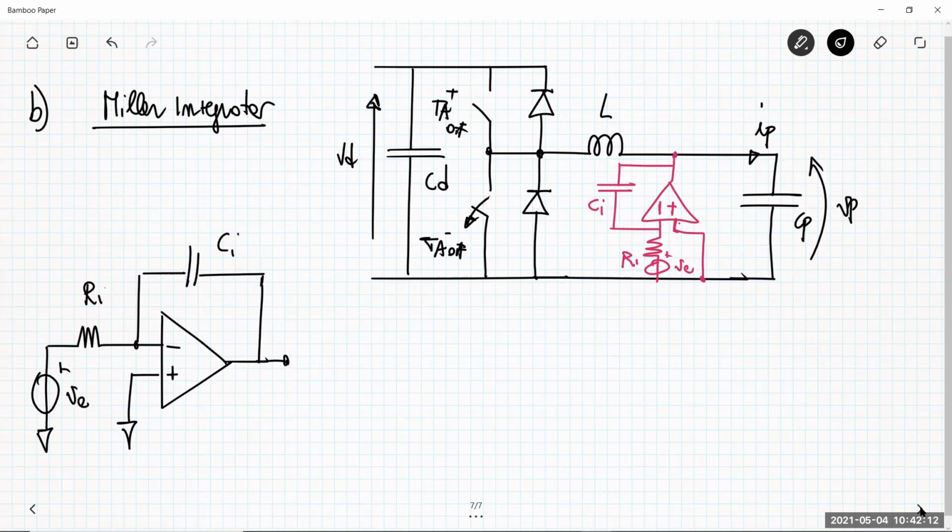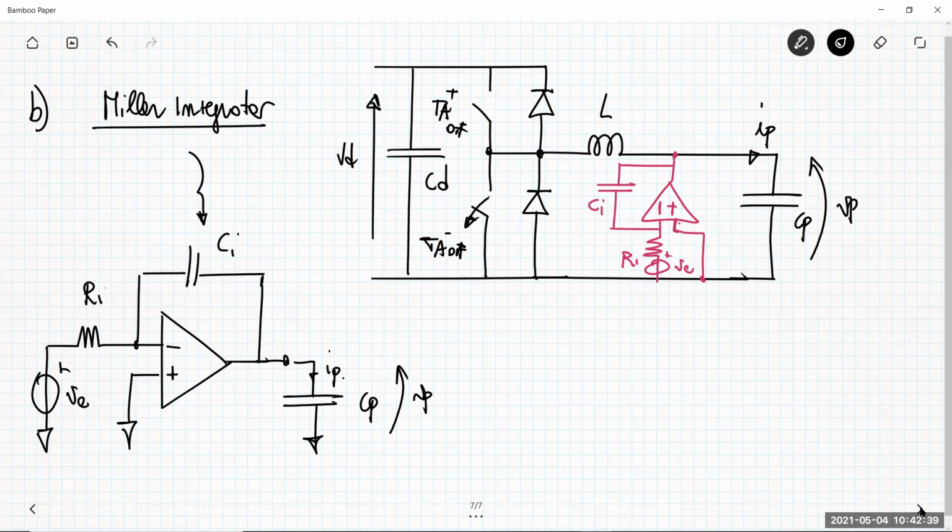The voltage here at the output is the voltage across the capacitor. So this is the Miller integrator. Let me derive the equation a little bit.